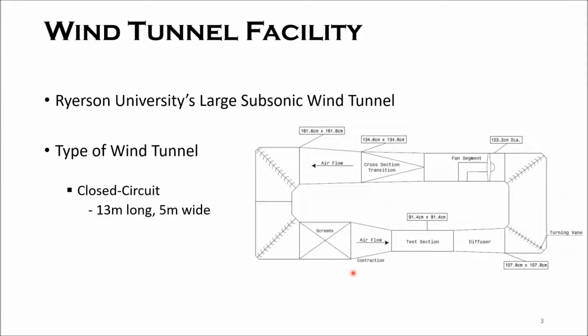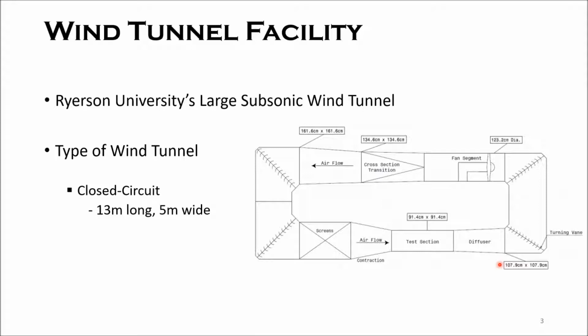This is followed by the contraction cone, which is a section of reducing area where the flow velocity is increased to the desired testing level. The air then enters the constant area test section, where the model can be mounted and tested. From here, the air enters the diffuser, a section of increasing area which decelerates the air and increases the pressure.